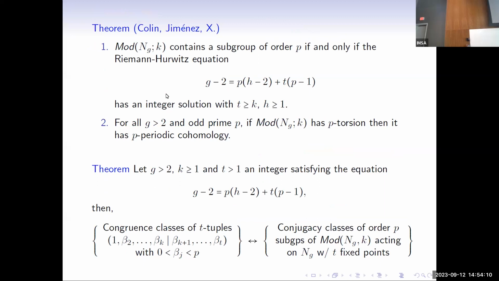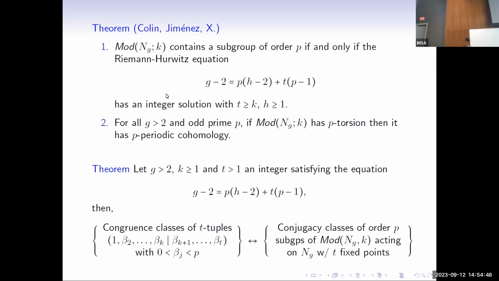But then the result is that this mapping class group contains a subgroup of order p if and only if the Riemann-Hurwitz equation written here has a linear solution subject to those restrictions, and two, that for all genus greater than 2 and all primes p, if the mapping class group of your non-orientable surface has p-torsion, then it has periodic cohomology.